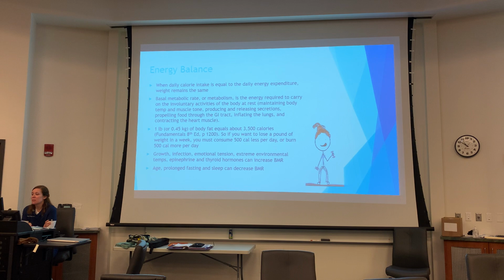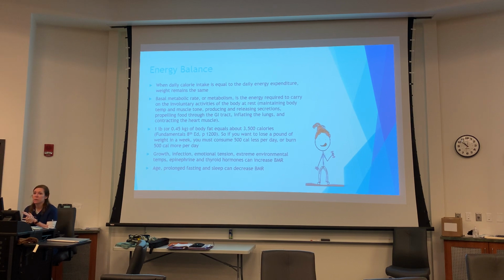Things that raise your metabolism or make you burn energy faster are going to be times of growth. So little kids a lot of times can eat anything, right? Because they're constantly anabolizing or building new tissue. They're physically building and growing. So from infancy to adolescence to young adulthood, you're growing very quickly, so you need more calories.